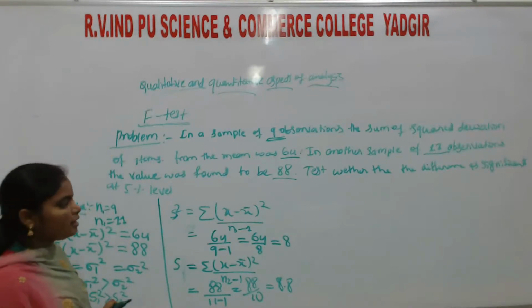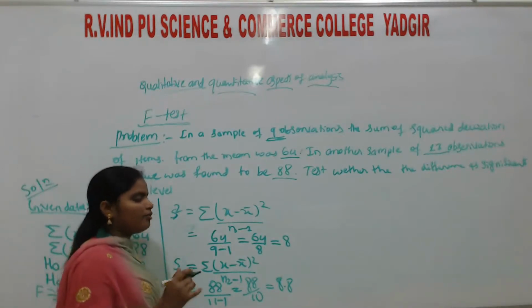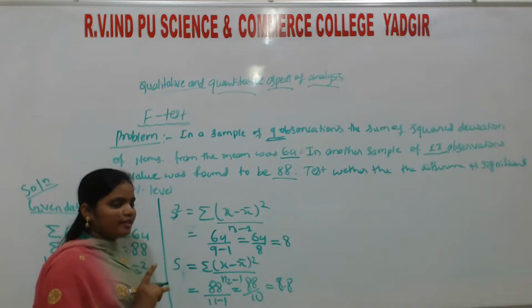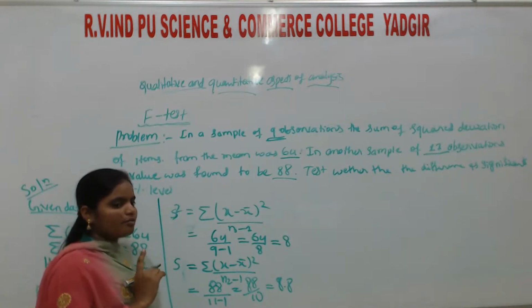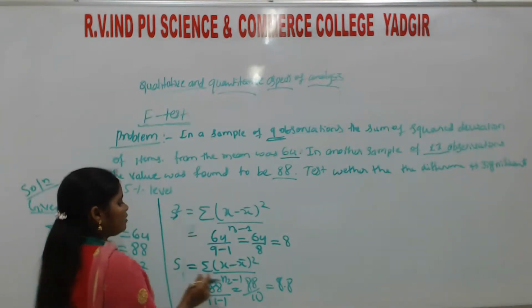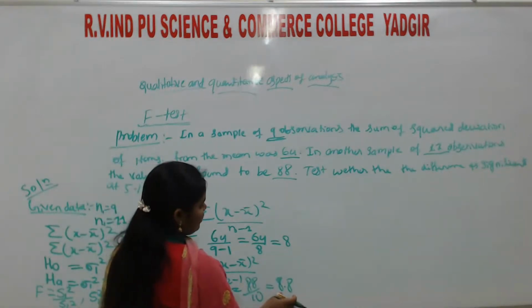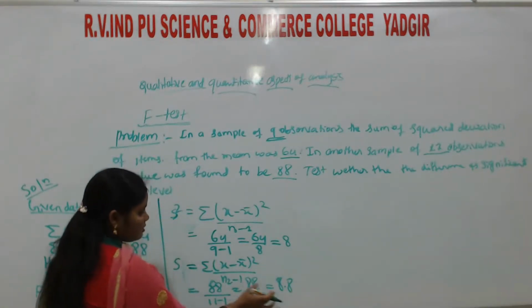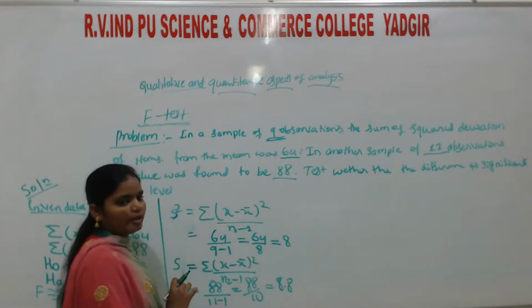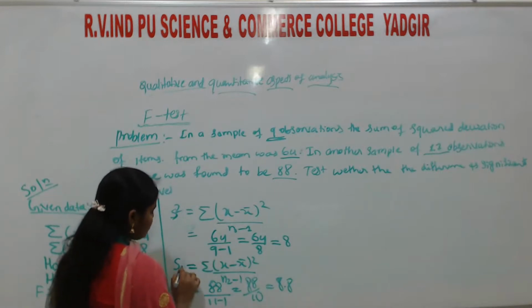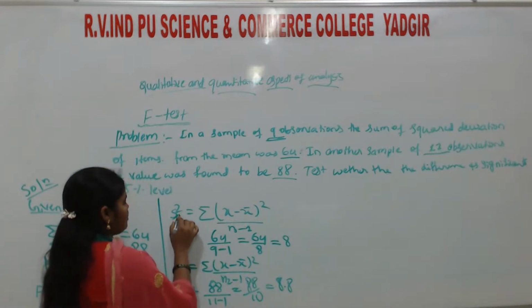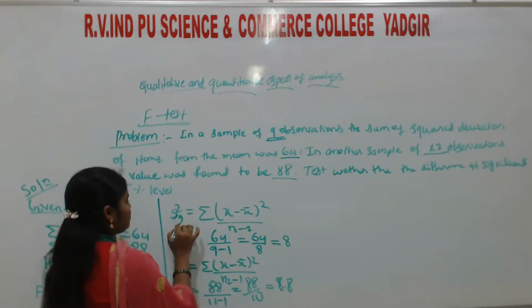You know the F test formula: the numerator value is the greater variance and the denominator value is the smaller variance. You take this 8 and this 8.8. You take this as the higher value and this as the lower value, so this is S1 and this is S2.